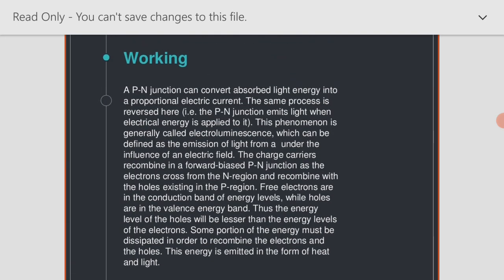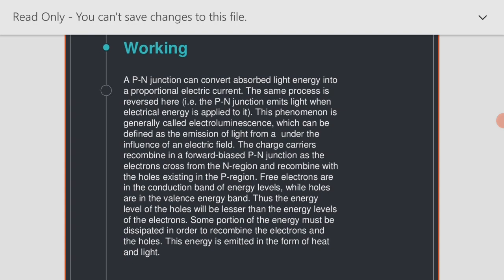The working of a PN junction diode: a PN junction can convert absorbed light energy into a proportional electric current. The same process is reversed here, that is, the PN junction emits light when electrical energy is applied to it. This phenomenon is generally called electroluminescence, which can be defined as the emission of light under the influence of an electric field.